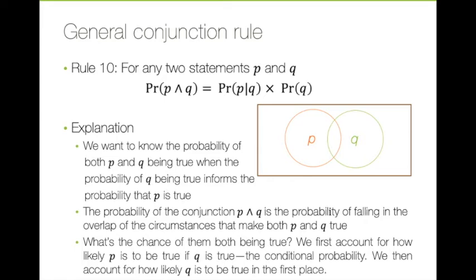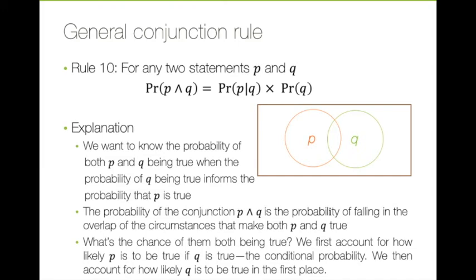Well, what we need the rule for is we need to know the probability of both P and Q being true, and we need to know that probability when the probability of Q being true can be related to the probability that P is true. So the probability of the conjunction P and Q is the probability of falling in the overlap of the circumstances that make both P and Q true.